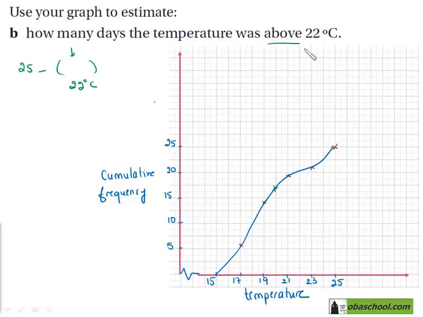Again, we go back to the temperature on the graph, and from the point of 22 degrees Celsius, we need to draw a vertical line. And of course, the point of intersection of this vertical line is where you need to go horizontally back to the y-axis. The given number is 21. So we need to subtract 21 from 25. The answer is 4. So we say that for 4 days, the temperature was above 22 degrees Celsius.